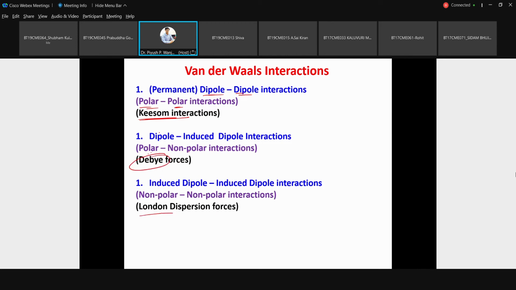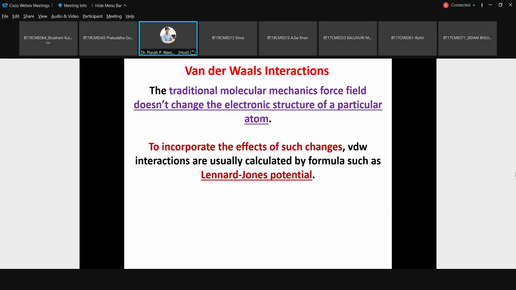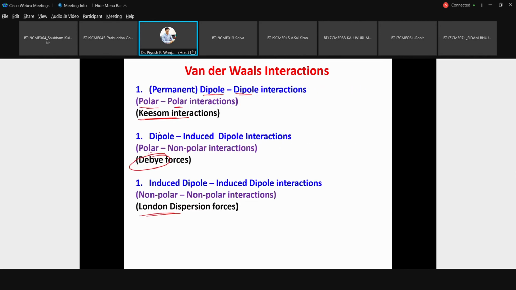And the third one, the weakest one, is the London dispersion forces, but still they are important because if you try to calculate and match with the actual experimental energy without incorporating these things, the values will not be satisfied. So they knew there were some unknown things, and this has been theorized like this. This should be considered between two methane molecules or between two CO2 molecules.